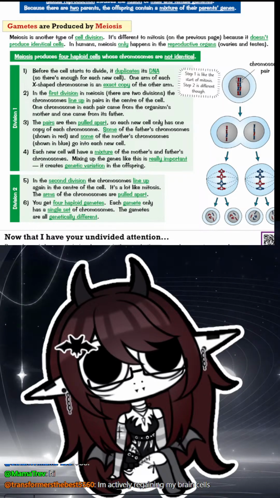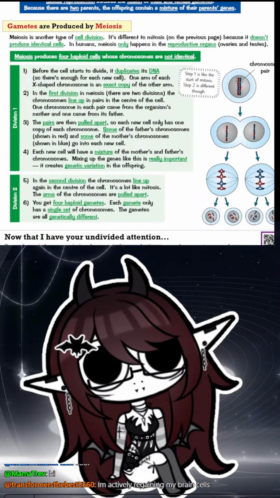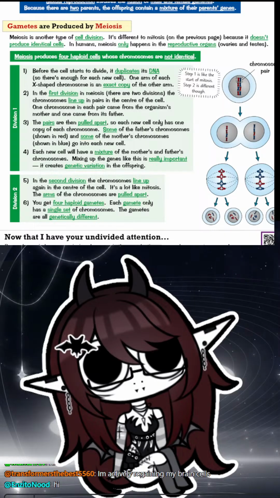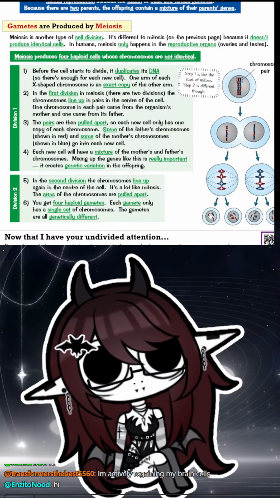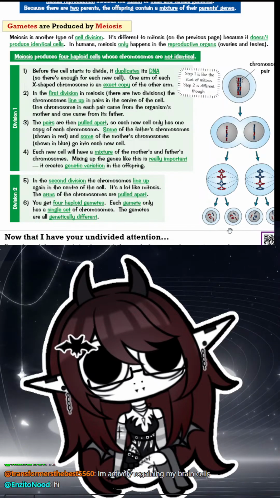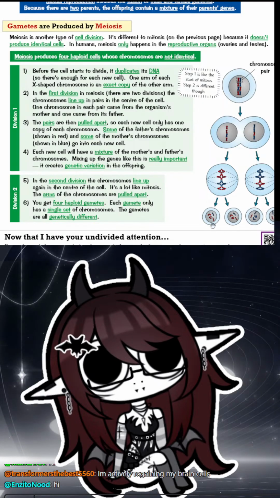And then they line up in the center. They split to the different sides again, the copies. And then they split again. And this kind of creates randomized things. So you can see all of these turn into all of these here. And in this one, there are like three mother chromosomes and one father chromosome. And in this one, there are two father chromosomes and one red one.